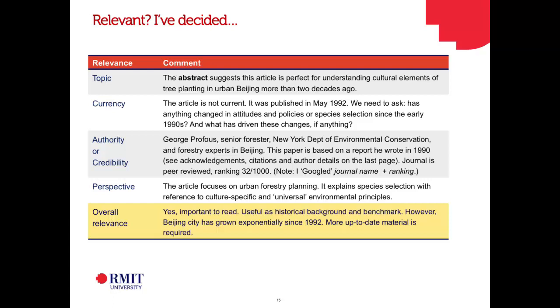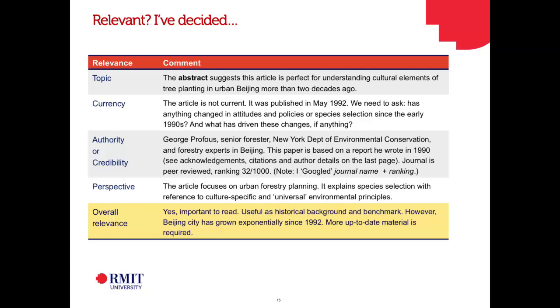What is at issue is the currency of the journal article. It is over 25 years old, and if we think about the massive changes that have taken place in Beijing over the last 25 years, we need to ask, can it be relevant today? The same cultural and forestry management principles might apply, for example, despite the city's transformation, or they may have changed dramatically.